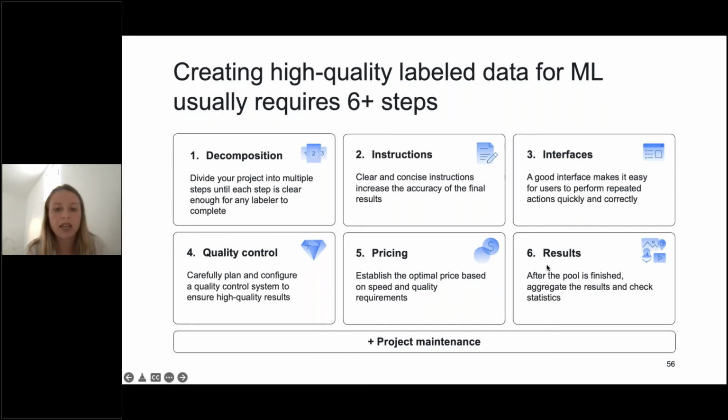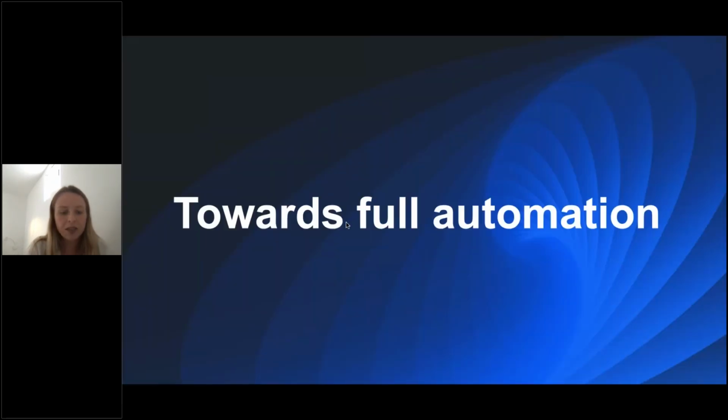And also we talked about how to gather and aggregate the results. There is one additional step here which has not been mentioned. It's the project maintenance. So ideally you would use this pipeline constantly, so you need to maintain it. And this is why we should actually work towards the full automation of this process.